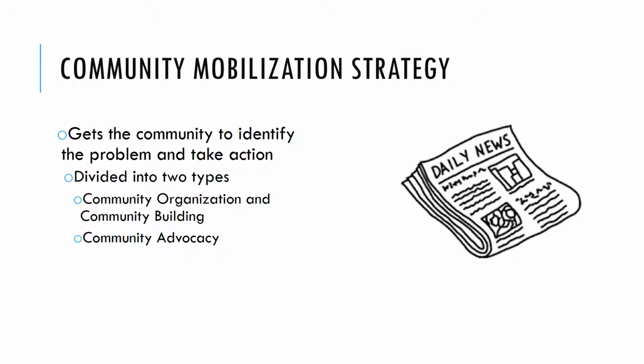Community advocacy is when the community actually gets involved in the decisions that will have an impact on their lives, not just their health, but many other policies and laws. One big way a community can become advocates is by writing to their local newspapers, getting the word out about certain things so that the rest of the population can learn about what needs to change for their community to change.